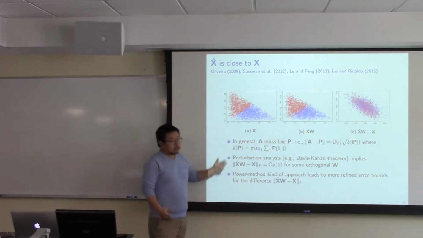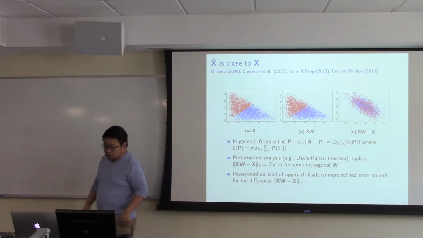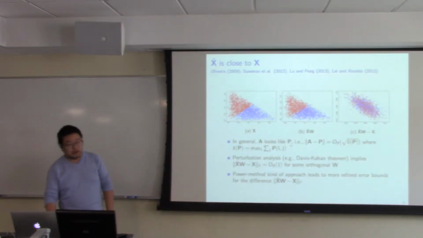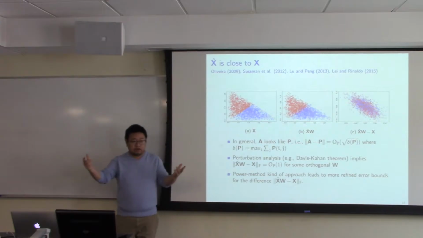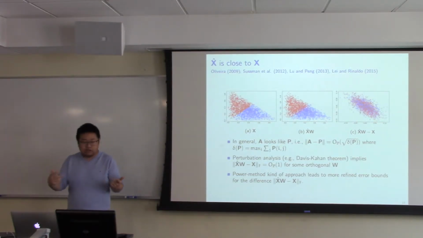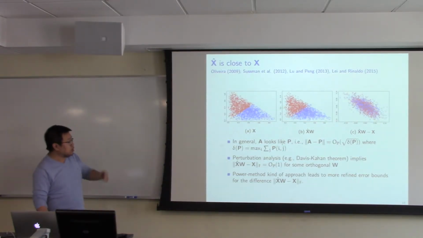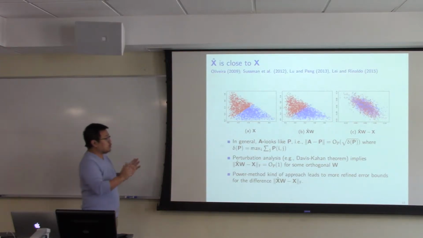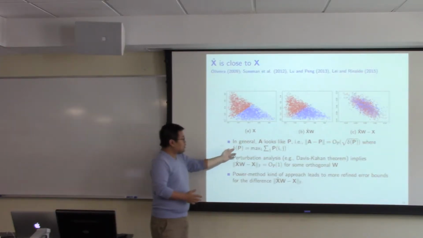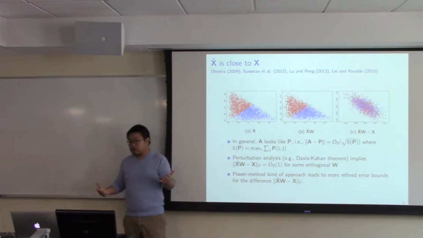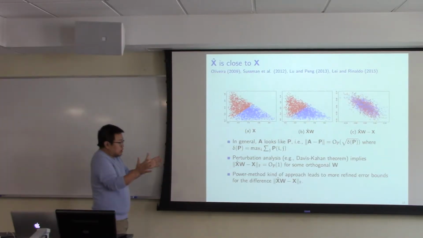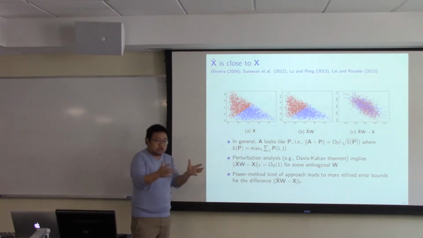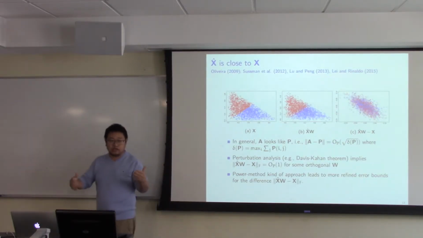Then this spectral norm difference is of order square root n. But it turns out that each of the matrices by itself has spectral norm of order n, because there are n entries that are either 0 or 1 or something in between. So the spectral norm difference is of order square root n, but the spectral norm of each of them is of order n. So a classical result in perturbation analysis indicates that these matrices are close in some norm, in this case the spectral norm.